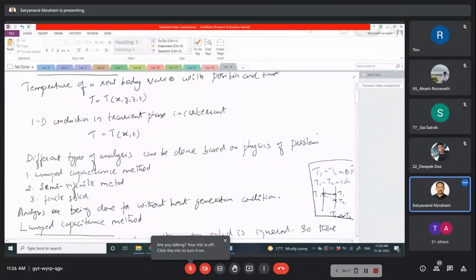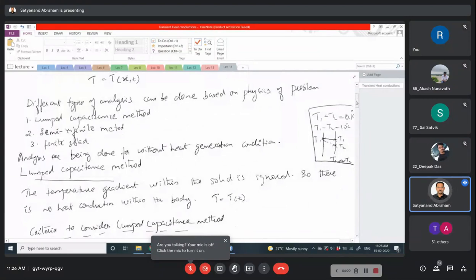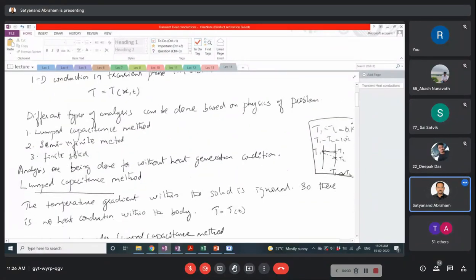Okay, and we said that there are three types of problems we can encounter in the transient system. First one is the lumped capacitance method. Second is the semi-infinite method, and third one is the finite solid method.